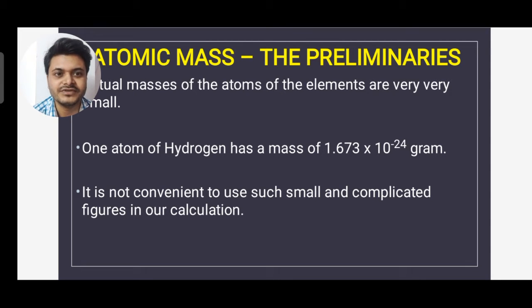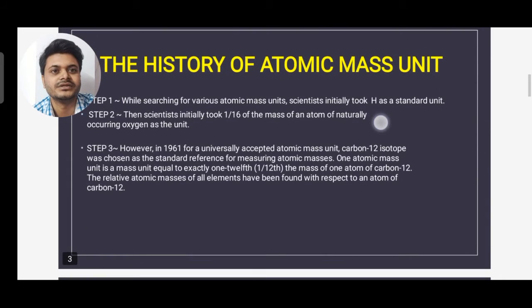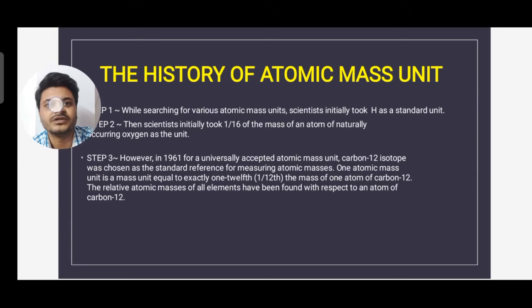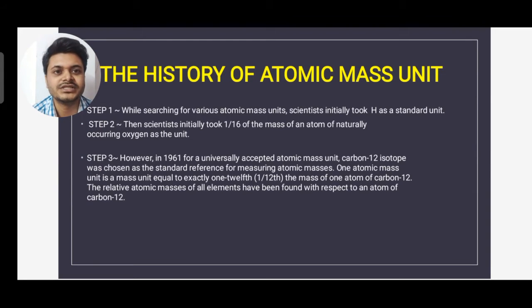It is not convenient to use such small and complicated figures in our calculation. So let's see about the history of atomic mass unit. Step 1: while searching for various atomic mass units, scientists initially took hydrogen as a standard unit. Step 2: then scientists took 1 by 16th of the mass of an atom of naturally occurring oxygen as a unit.